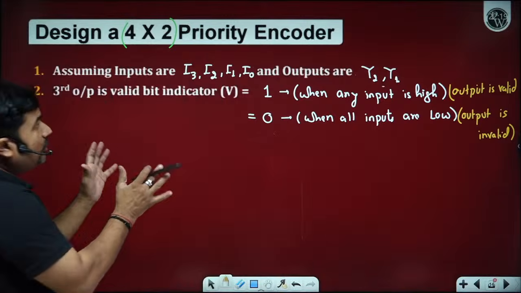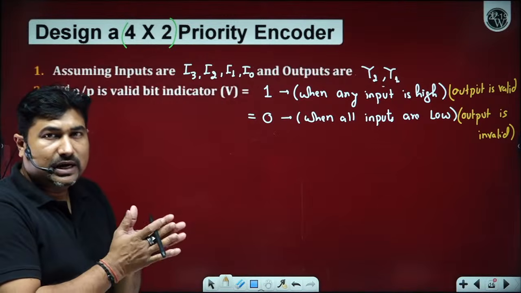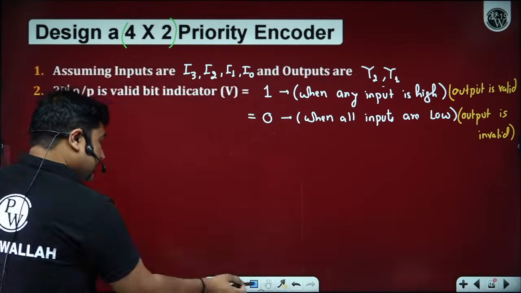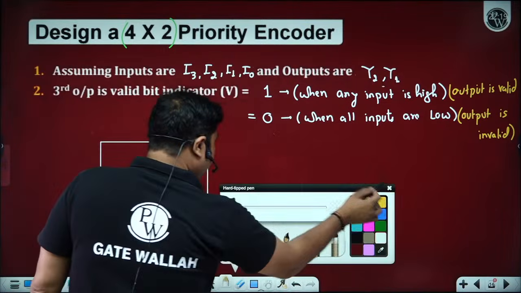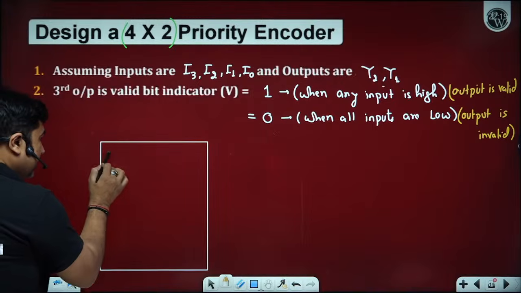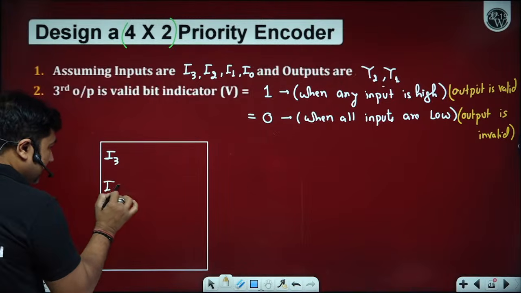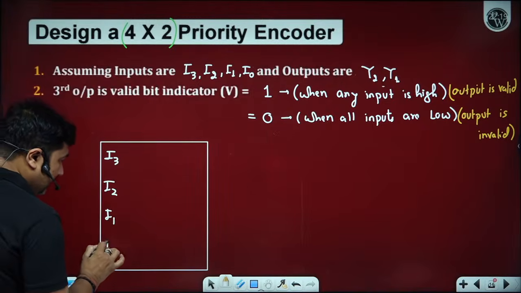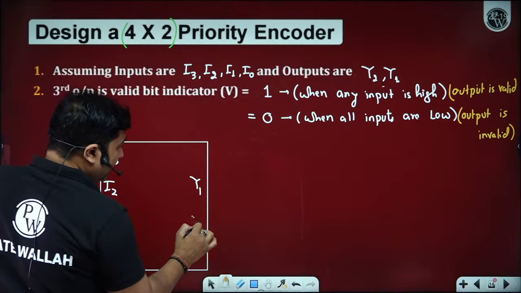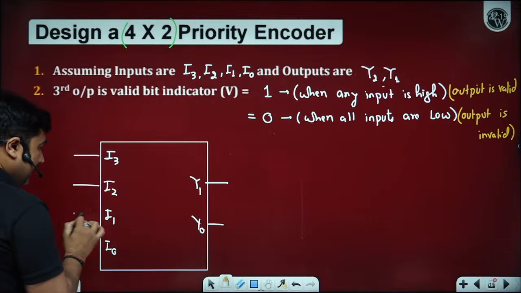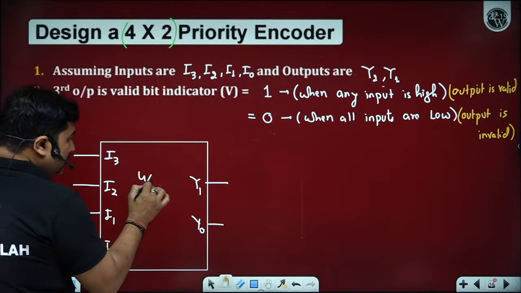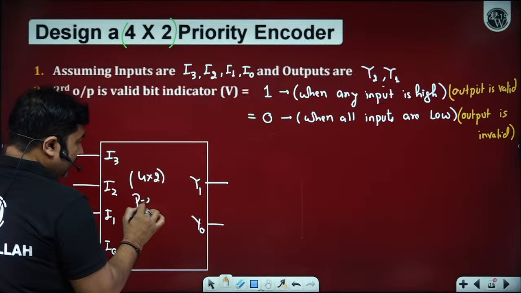To design any combinational circuit, first of all, we need to identify the input, outputs and their relationship, that we know. Next is to construct truth table. So please observe, I am giving a representation. We have I3 pin, I2 pin, I1 pin, I0 pin. Output we have Y1, Y0 and want to design a 4x2 priority encoder.